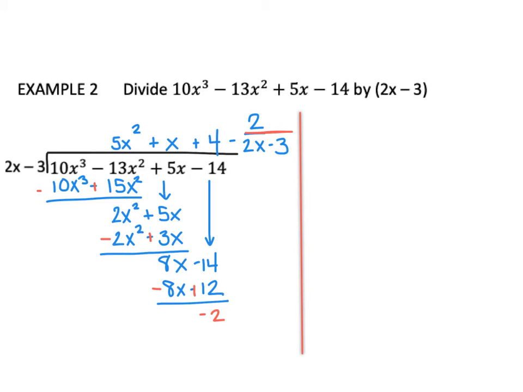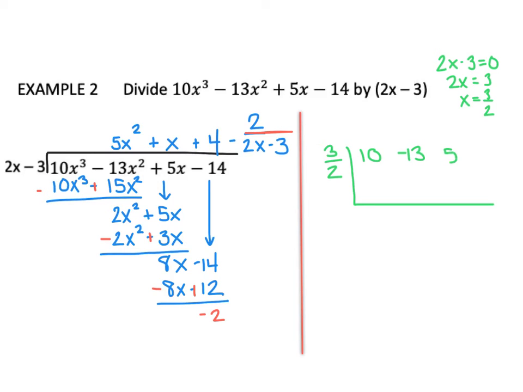All right, so easiest thing to do is we still need to find our zero. So the zero of my function is 3/2. So I'm going to put this outside my synthetic division box, and I'm going to pick up my coefficients of 10, -13, 5, and -14. I don't need any zeros as placeholders. And then I bring down, and I'm going to multiply.